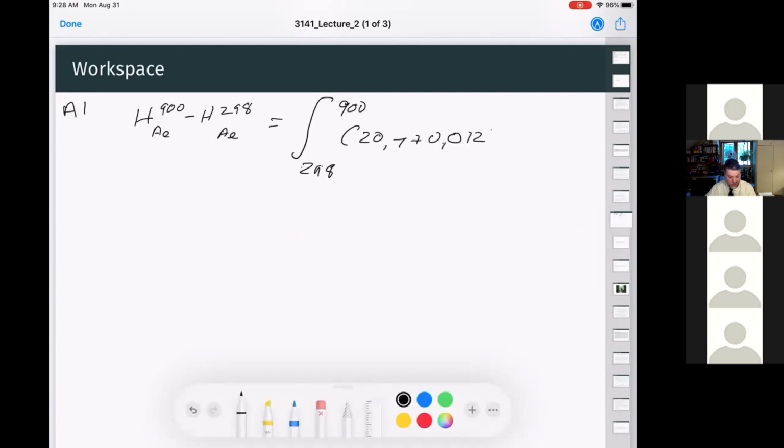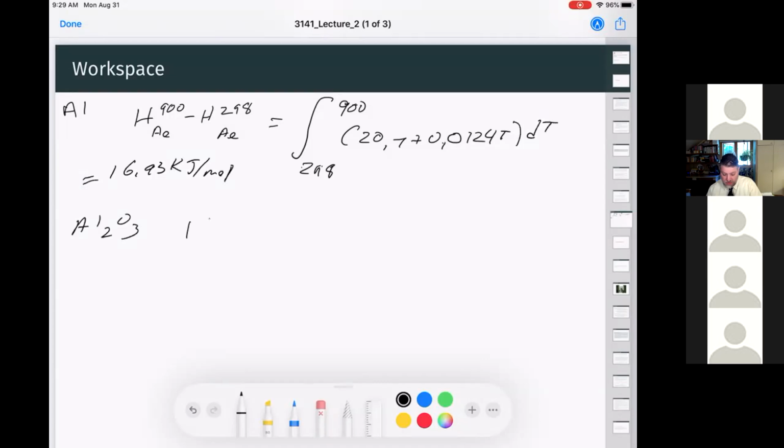The integral of the specific heat times dT, and that's equal to 16.93 kilojoules per mole. Now for alumina, at 298 the heat content of alumina is the enthalpy of its formation.